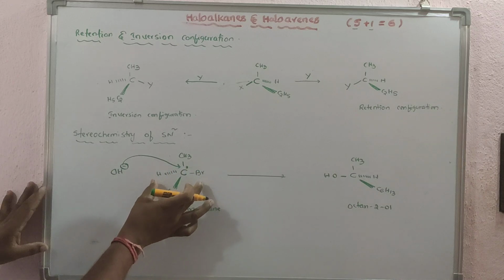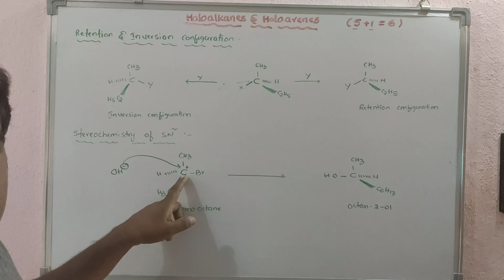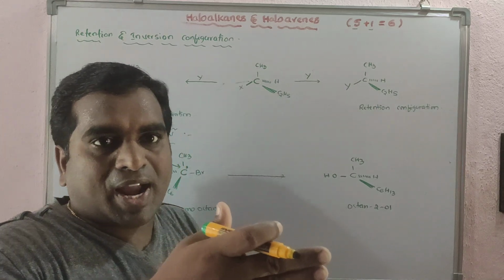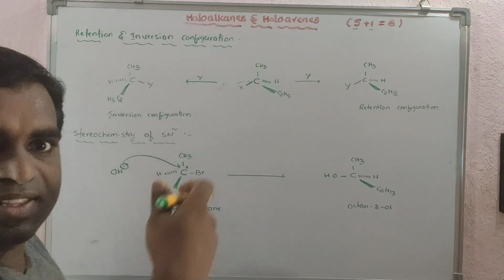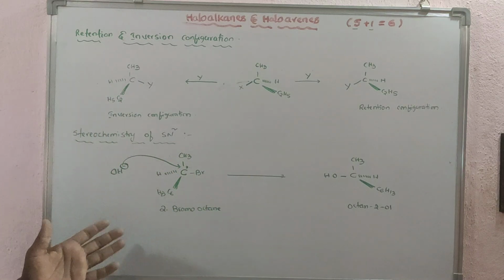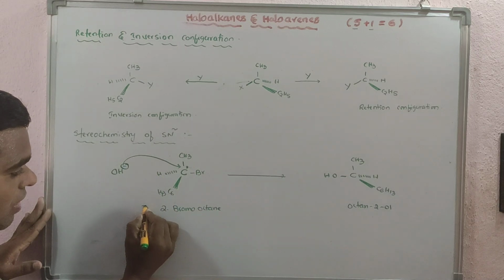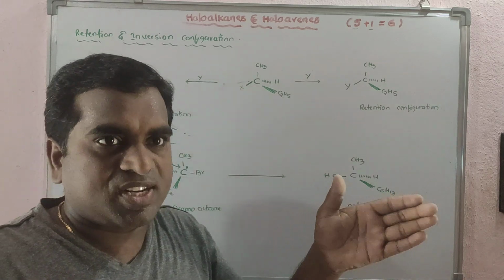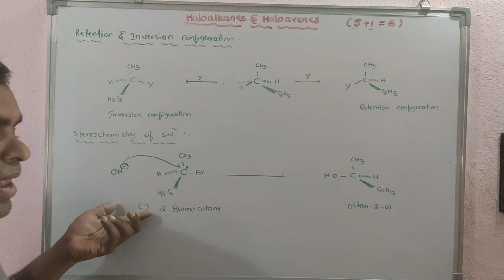Now suppose, because it is an asymmetric molecule, asymmetric molecule means it is optically active. When we pass plane polarized light through a solution of this compound, it rotates the plane polarized light either to the right or left. We don't know, we have to do the experiment, then only we come to know which side it rotates. Just assume this is a levo-rotatory compound. It rotates the plane polarized light towards the left, and it is denoted by small l or minus.